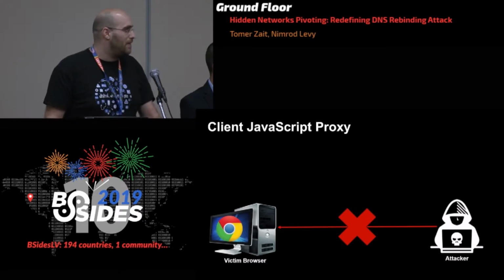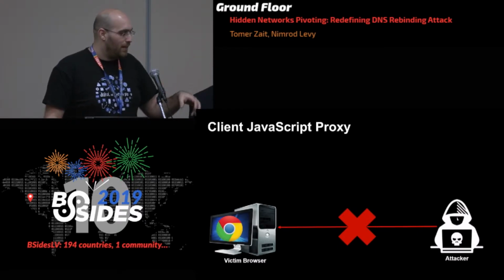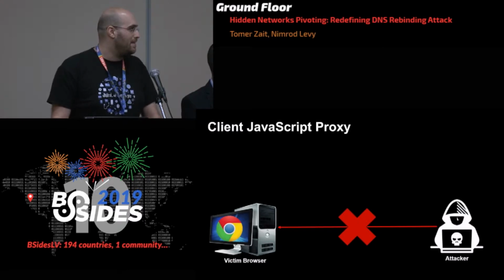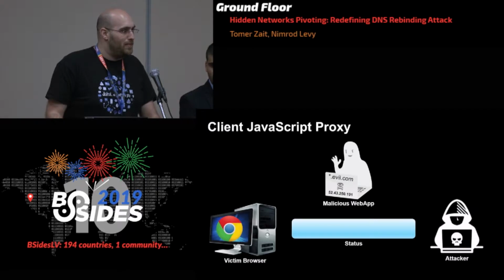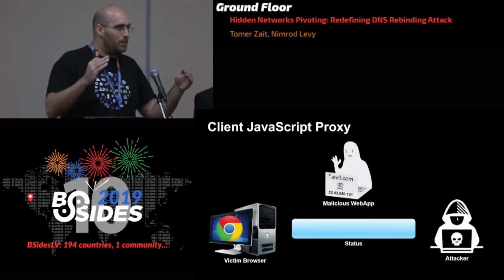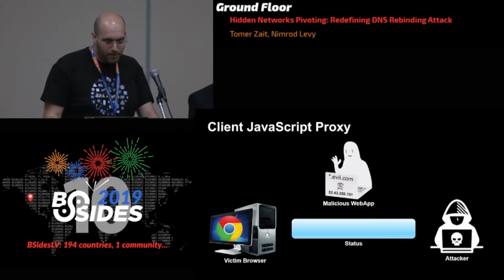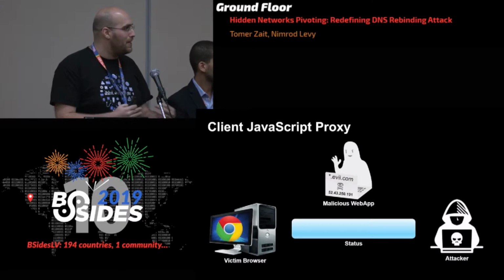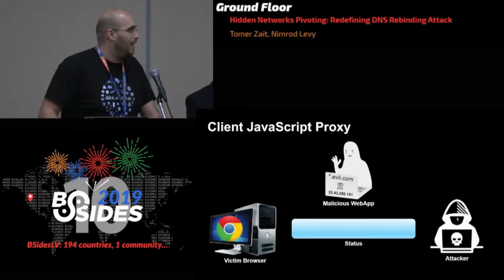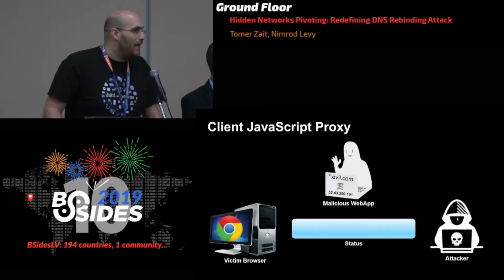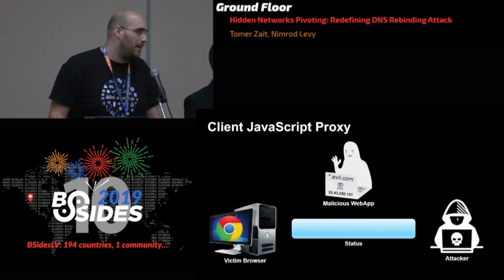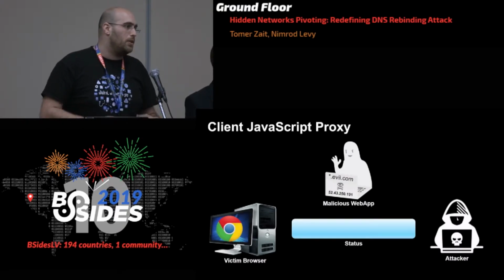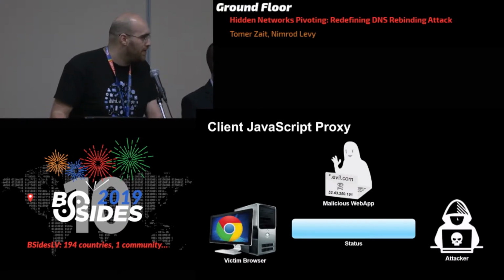You can't send requests directly from the attacker through the victim browser to the internal assets. But what you can do is use a malicious app in the middle that will translate the web page from the victim browser to the attacker. This is one of the best features we have in Retinal. It will also allow you to send requests like POST, PUT, DELETE, PATCH, and every other request that you could not do in the old tools.